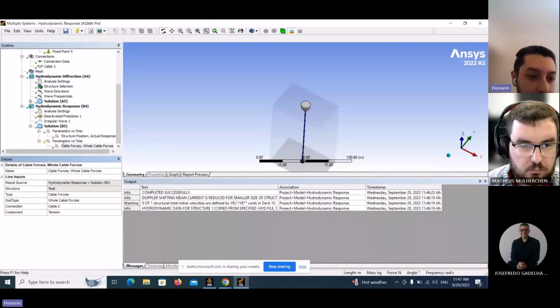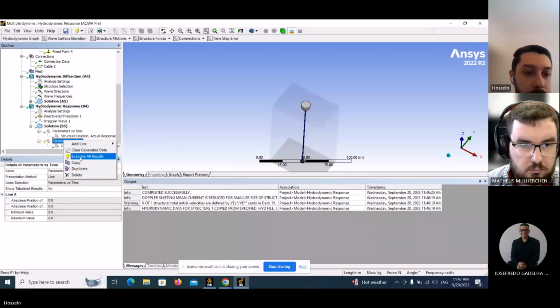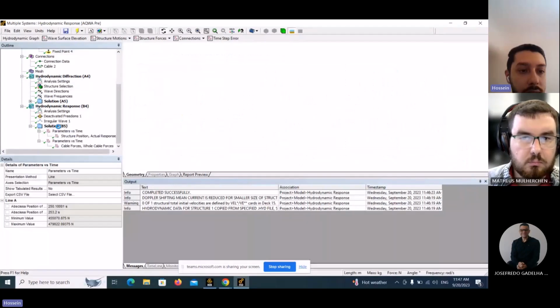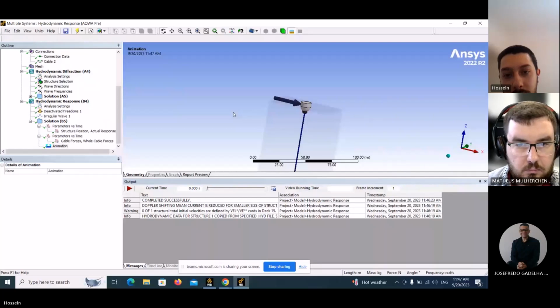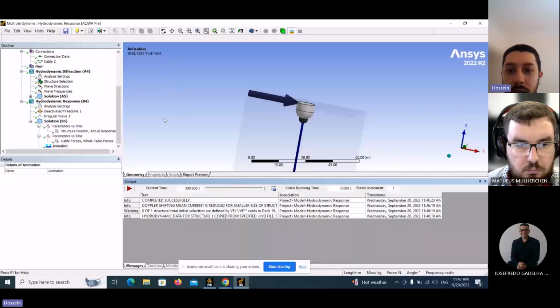Okay, the tension and value tolerance. Here is the tension of your cable during the time domain analysis. Also, you can see an animation of your model here to see what happens during the 300 seconds. Okay.